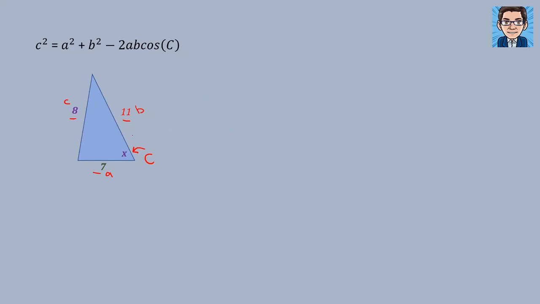Now let's put all these values into the equation. We get c squared equals a squared plus b squared minus 2ab cosine, and now the angle is unknown, so we're going to take the cosine of the unknown angle.